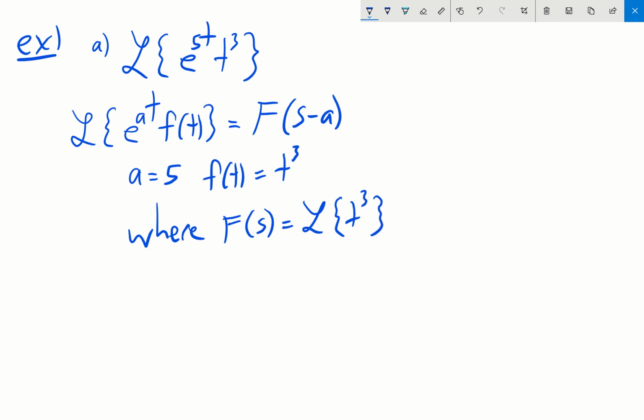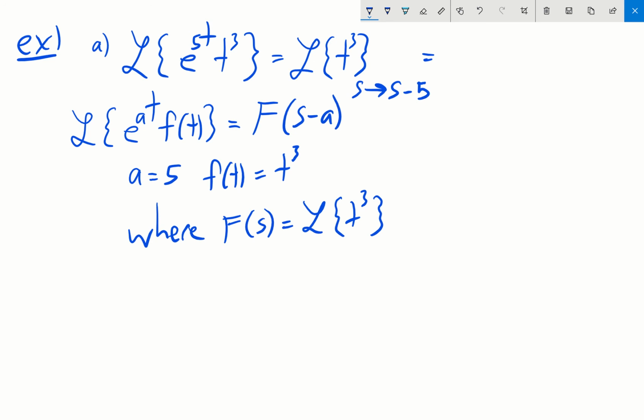So let's begin by starting out with that. We know the Laplace transform of t cubed, and we're then going to just switch s to s minus 5.